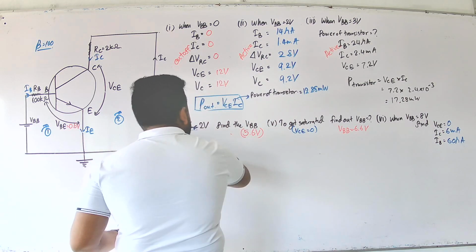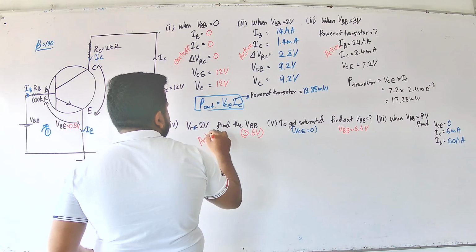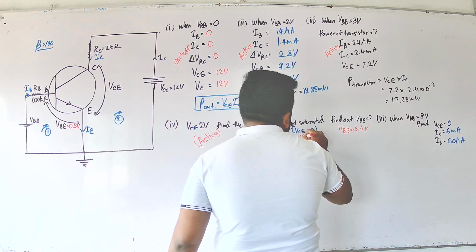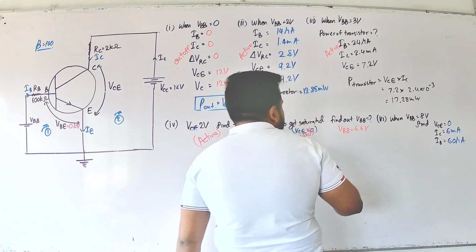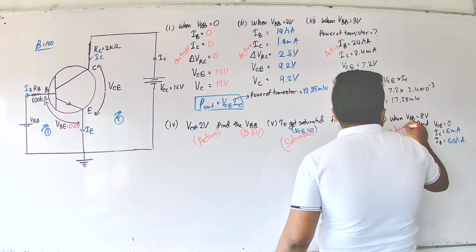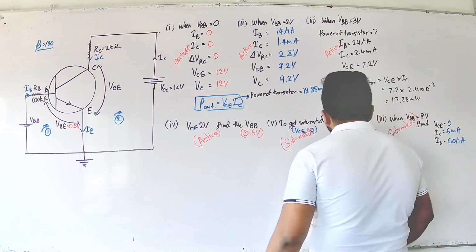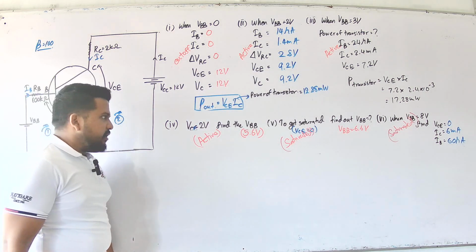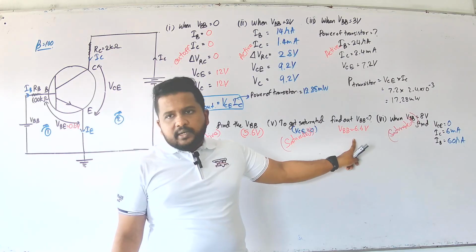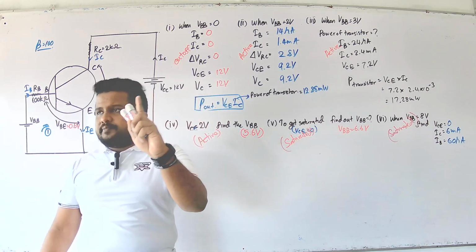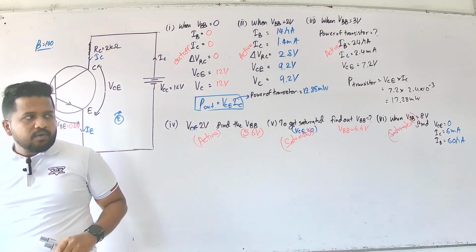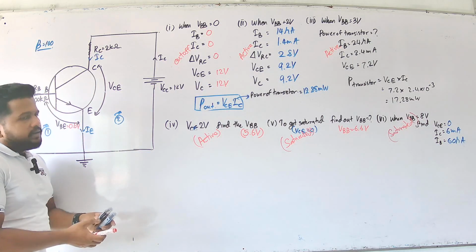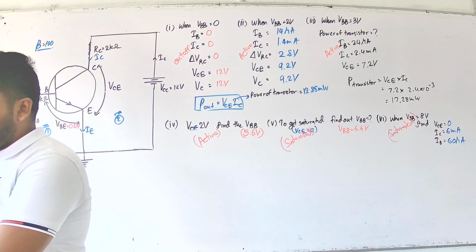This is active, this is also active. This is saturated. After VBB gets to 6.6 volt, it gets saturated. That means after that VC equals 0, everything is saturated. Right? Okay.